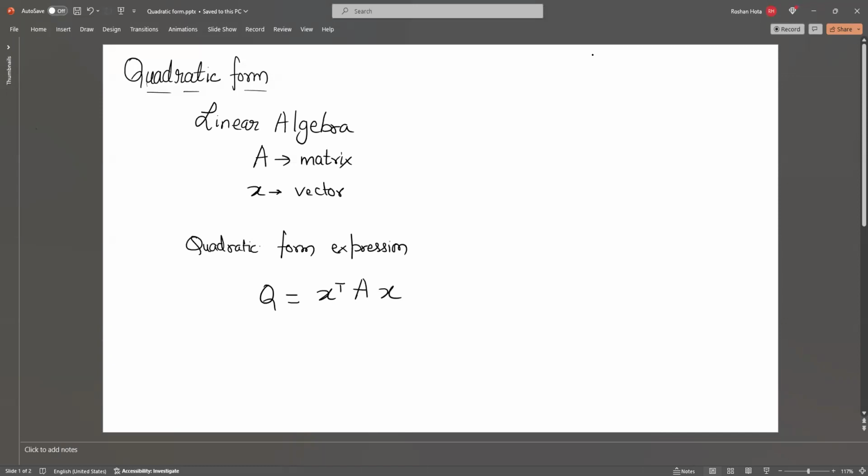So here X is a vector with n entries and A is an n cross n matrix.